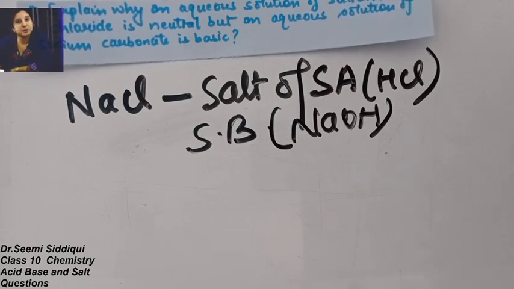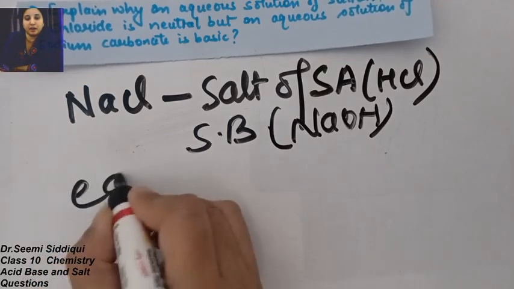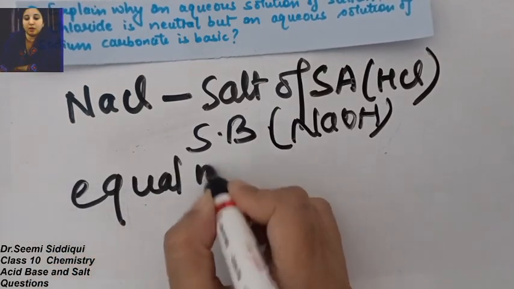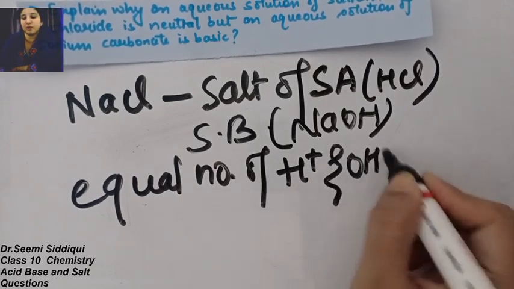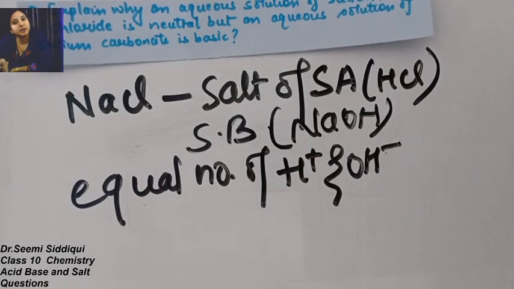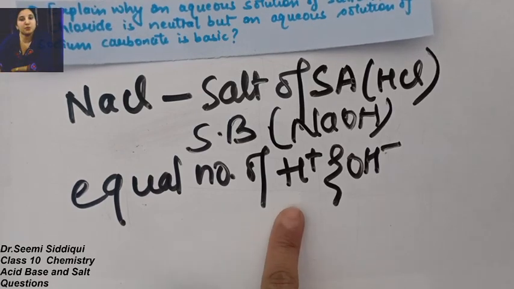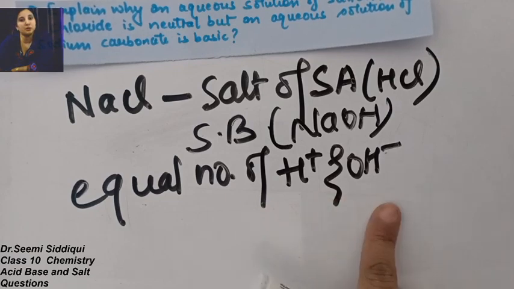When the exchange takes place, there will be an equal number of H plus and OH minus ions. When the H plus and OH minus ions become equal, it is going to be neutral in nature, because one is for the acid, one is for the base. So when their numbers are equal, it will be neutral in nature.